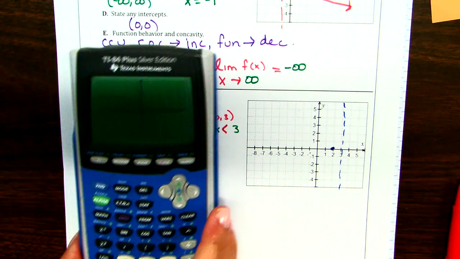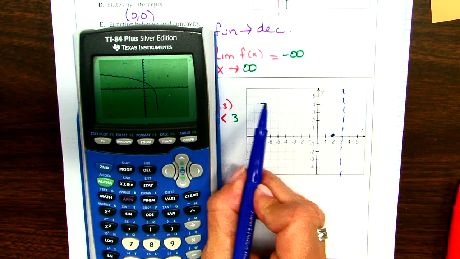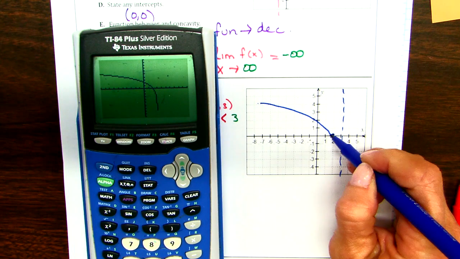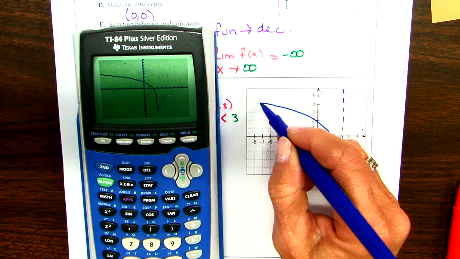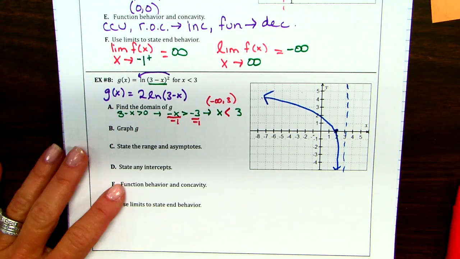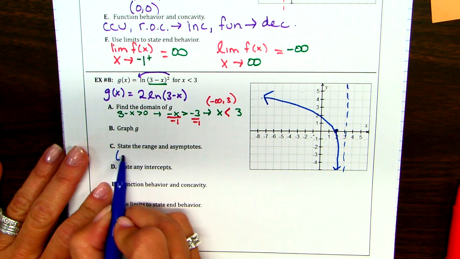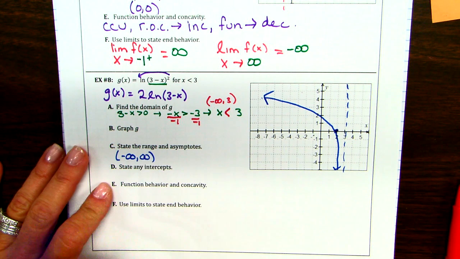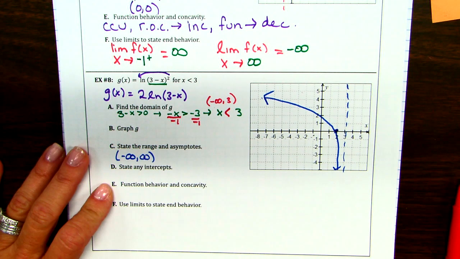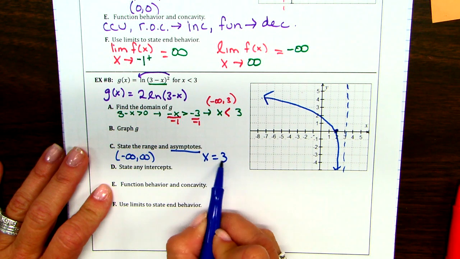I can do a nice, easy sketch by looking at that picture. Okay. There's the graph. The range of all these, whether you look at the picture or you just remember, is negative infinity to infinity. Ooh. We have a vertical asymptote at x equals 3.